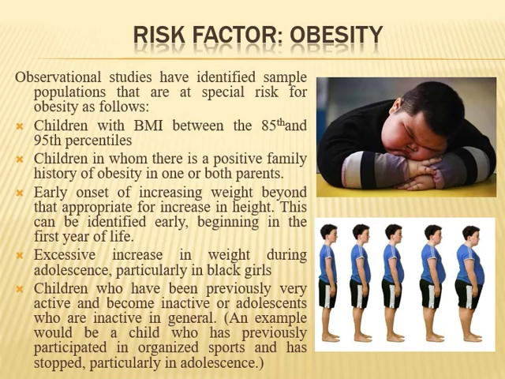This can be identified early, beginning in the first year of life. Excessive increase in weight during adolescence, particularly in black girls. Children who have been previously very active and become inactive, or adolescents who are inactive in general. An example would be a child who previously participated in organized sports and has stopped, particularly in adolescence.